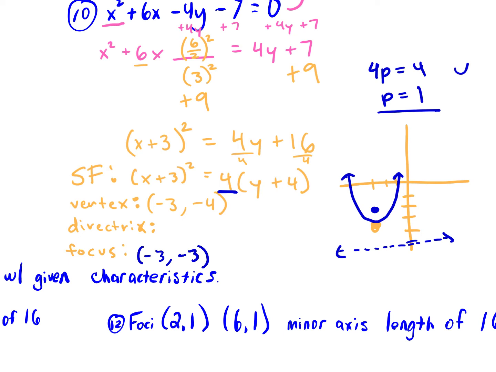And then what would my directrix be? Remember, directrix is a line. y is equal to -5, because on the y-axis, I cross -5. So that's why it's y equals -5.